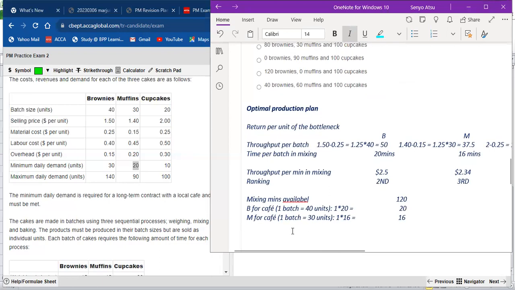Then the minimum must also be produced for cupcakes for the cafe. The cafe needs 10 only, but the batch size must be 20. So I'm going to produce one batch, which is equal to 20 units.